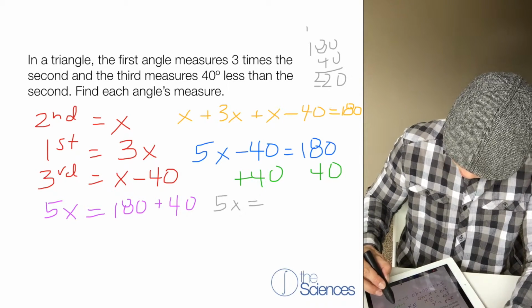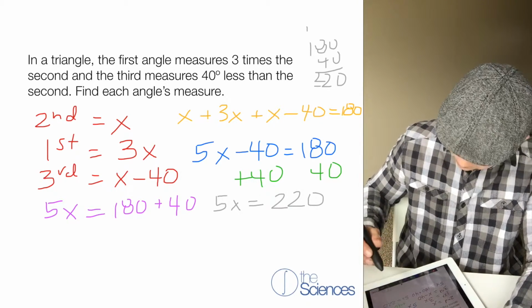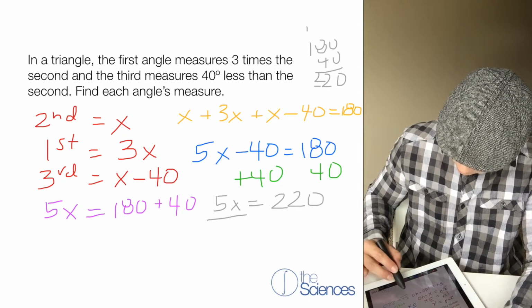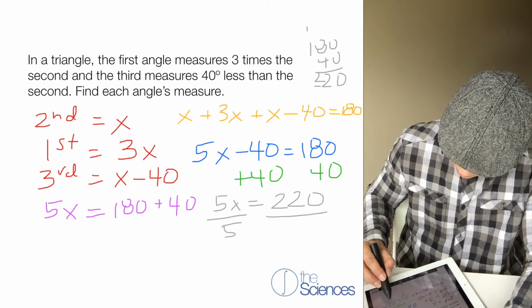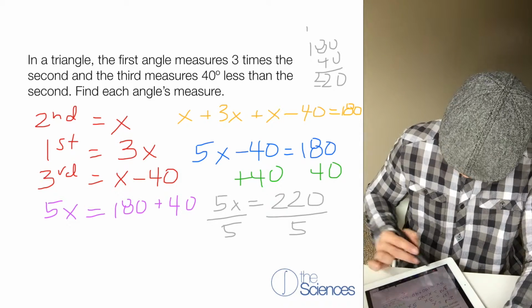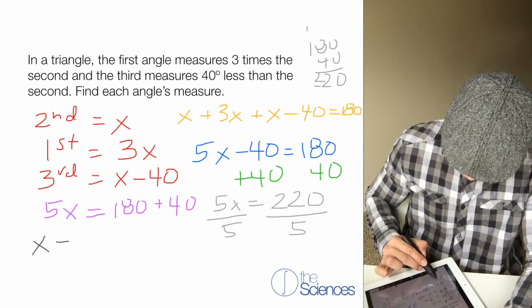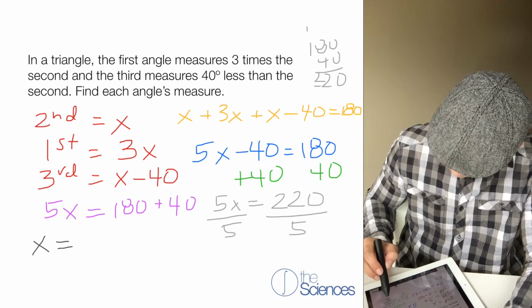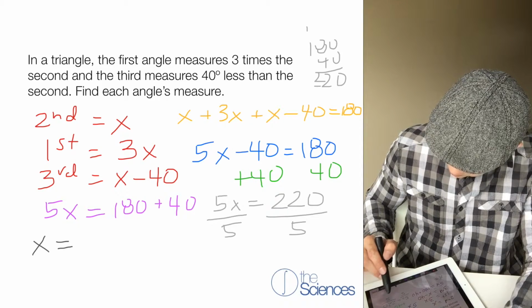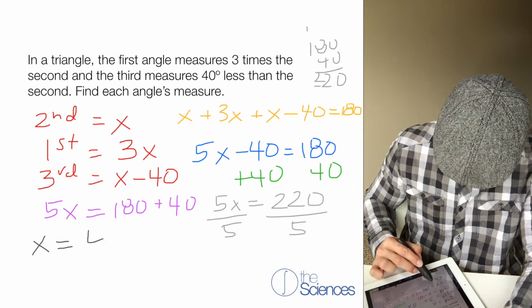So 5x equals 220. Now we can divide both sides by 5, so that x equals 220 divided by 5, which is 44.